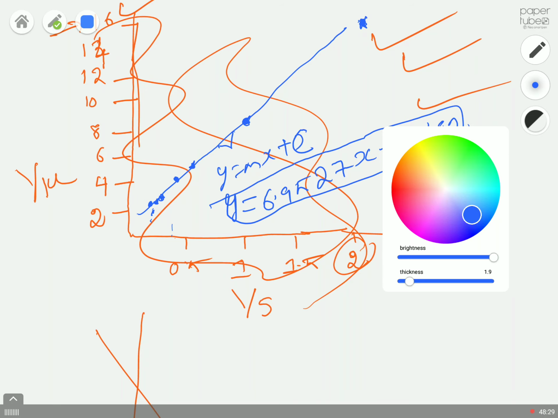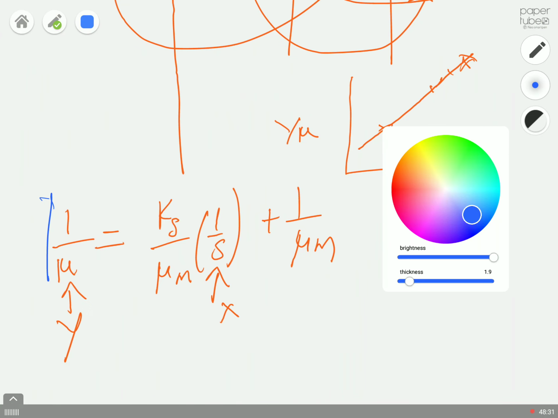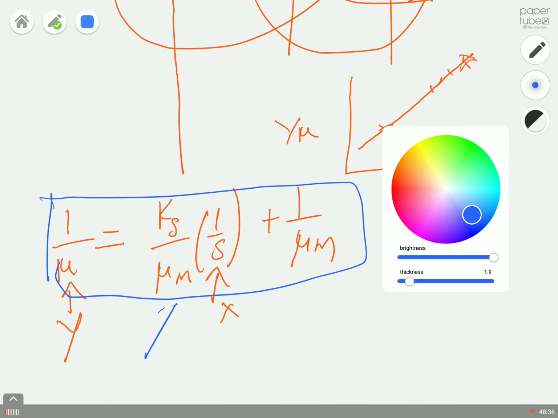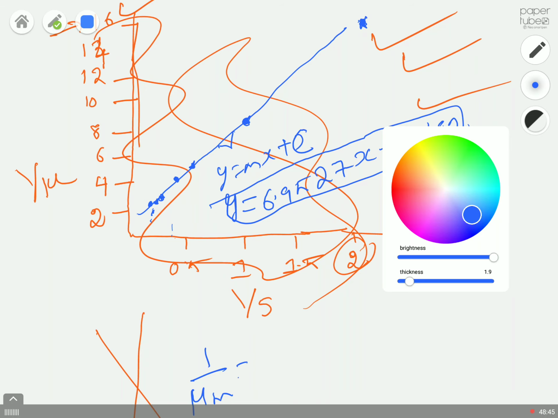If you go back to this equation here, I know I'm going very slowly, but it's not a bad idea. So your slope value should be equal to Ks by mu m, and your intercept is equal to 1 by mu m. So this will be equal to your intercept 2.1482.